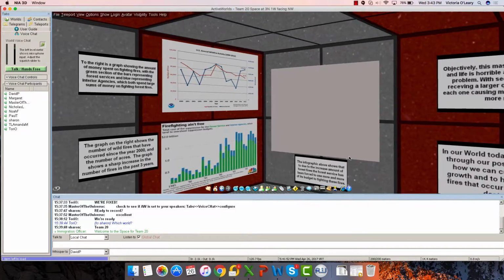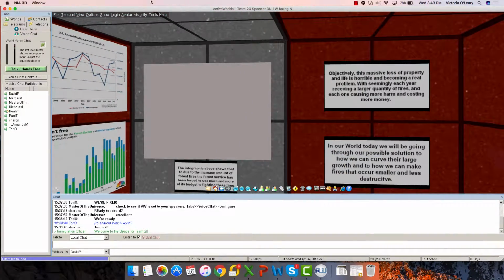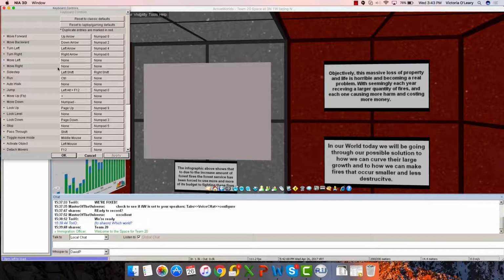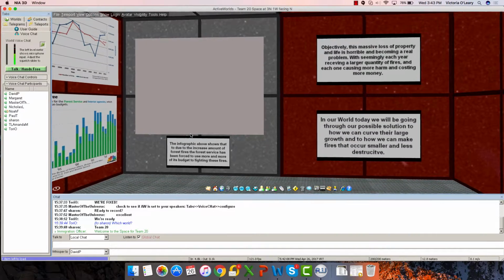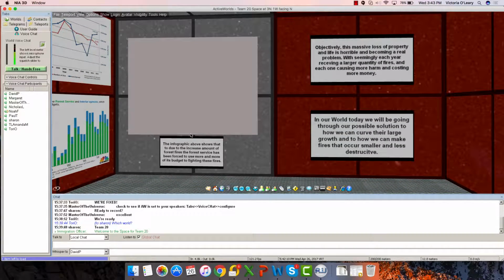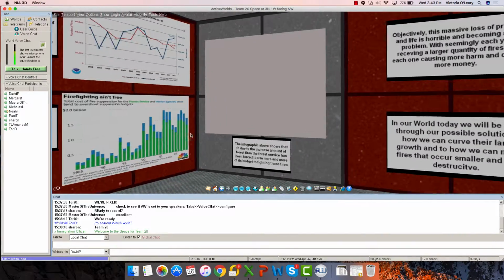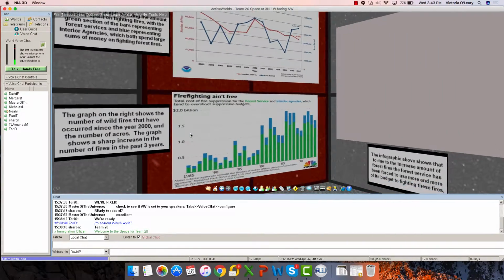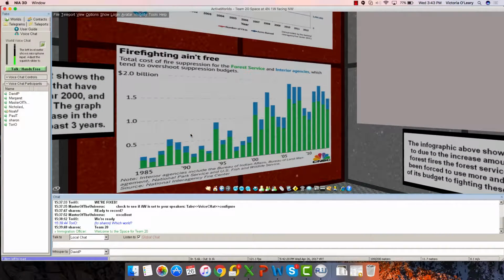And then our last graph shows that the budget for the Forest Services is constantly being taken up by the amount of forest fires being caused, for prevention, care after and before.